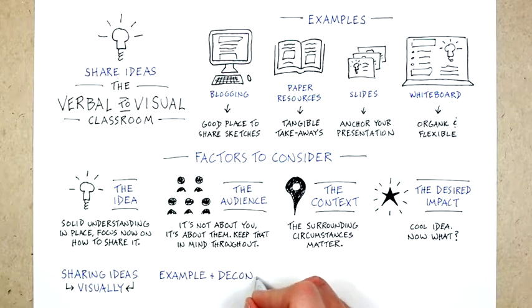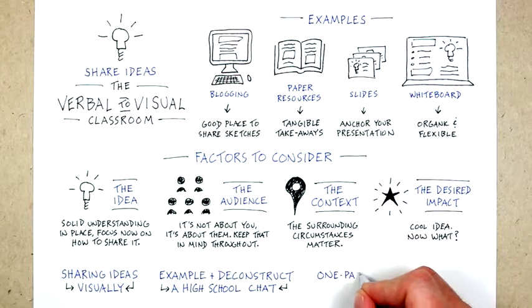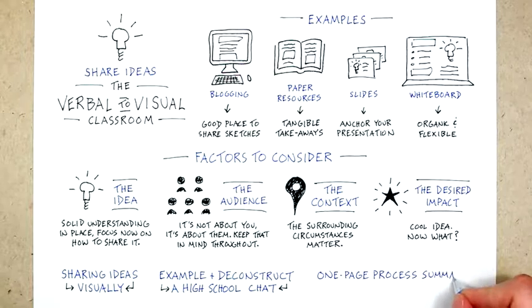We will deconstruct a visit that I made to my high school alma mater 10 years after graduating to talk to the newspaper and yearbook class about my post-high school experience and my exploration in this world of visual thinking. We'll then wrap this module up as we have the last two with a one-page process summary that will leave you with the appropriate guiding questions for you to craft your own impactful idea-sharing experiences.